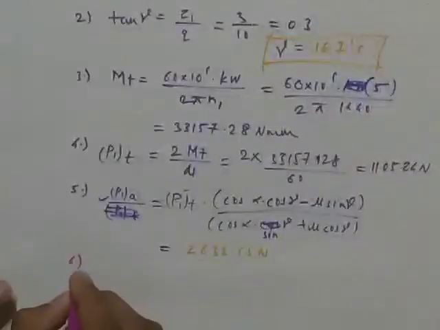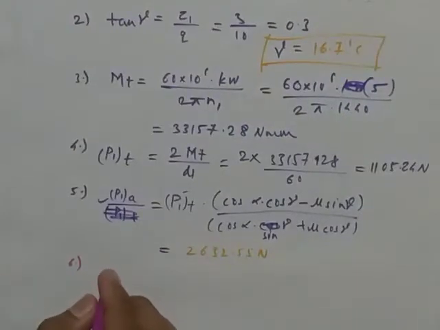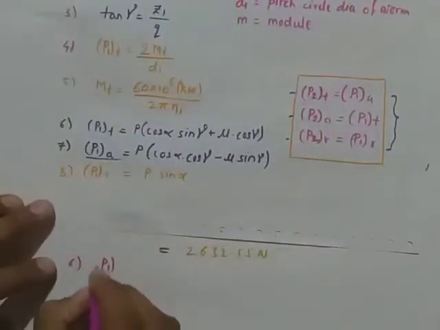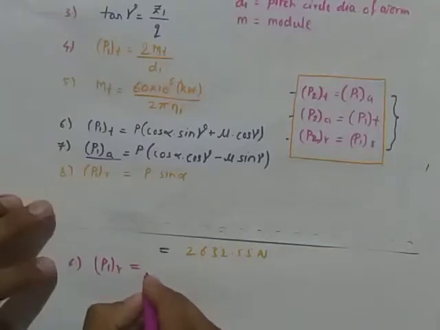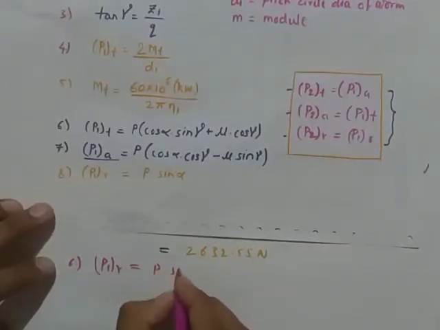Next factor we have to go for is the radial one. For radial, the equation is given as P1R is equal to P sine of alpha.